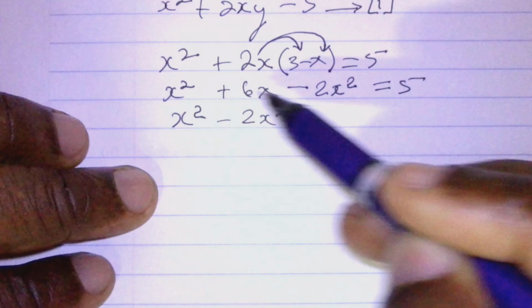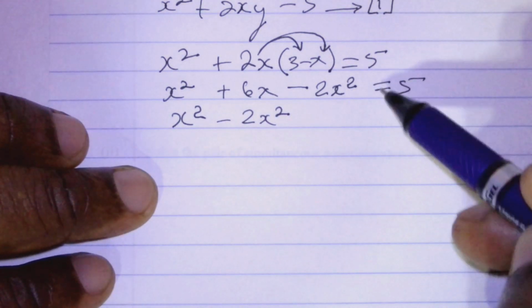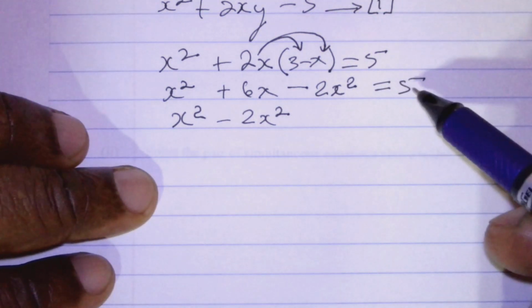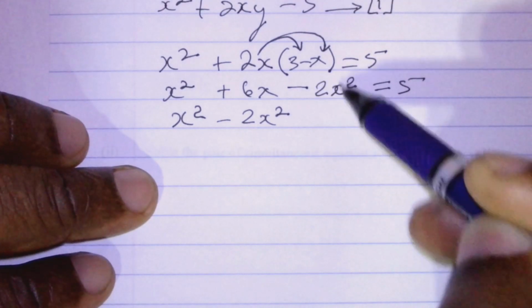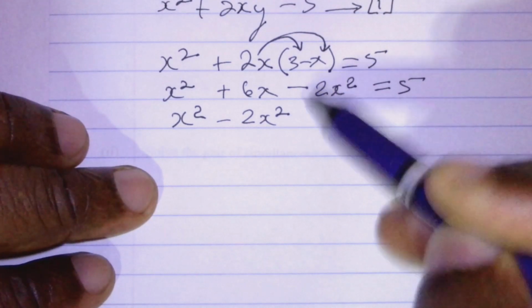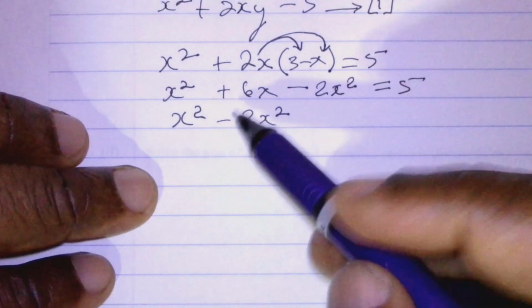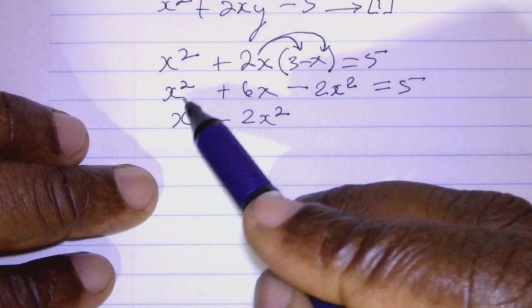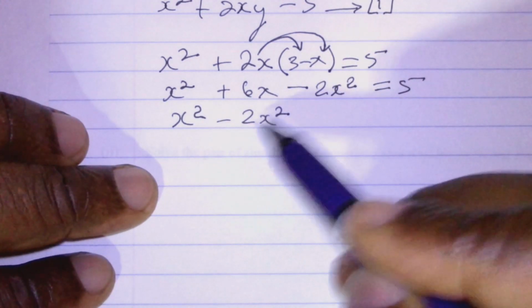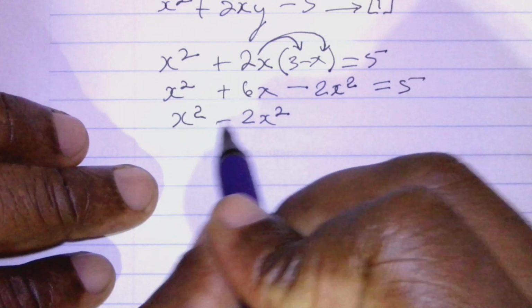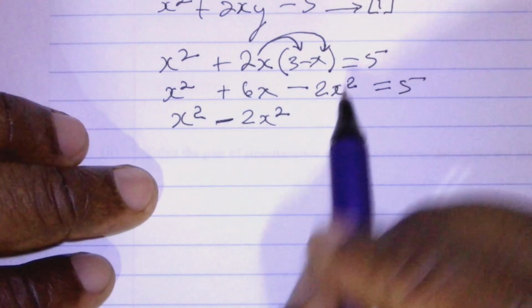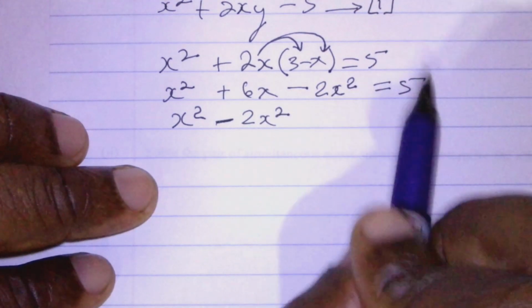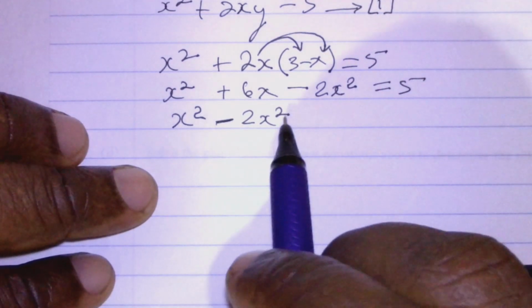This is the left hand side equal the right hand side. Since I moved the minus 2x squared, which is on the left hand side, and put it next to the x squared, which is still on the left hand side of the equation, the sign will remain the same. Only if you're moving from one side to the other will the sign in front change.